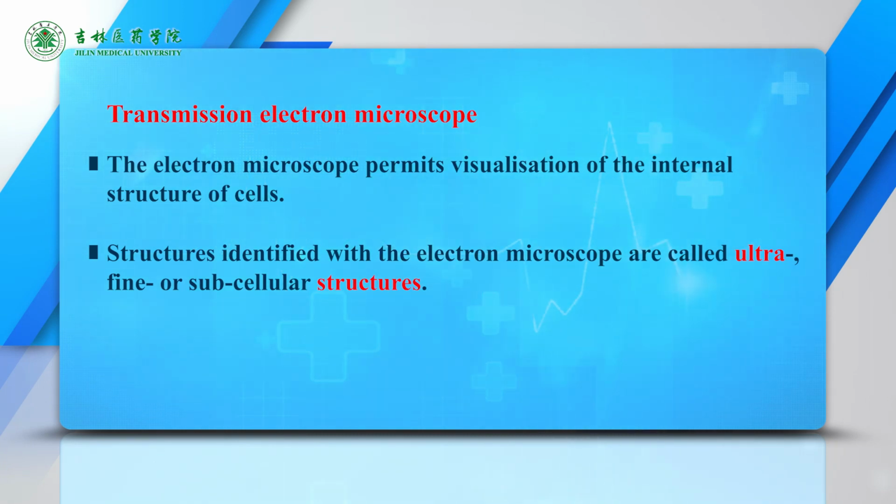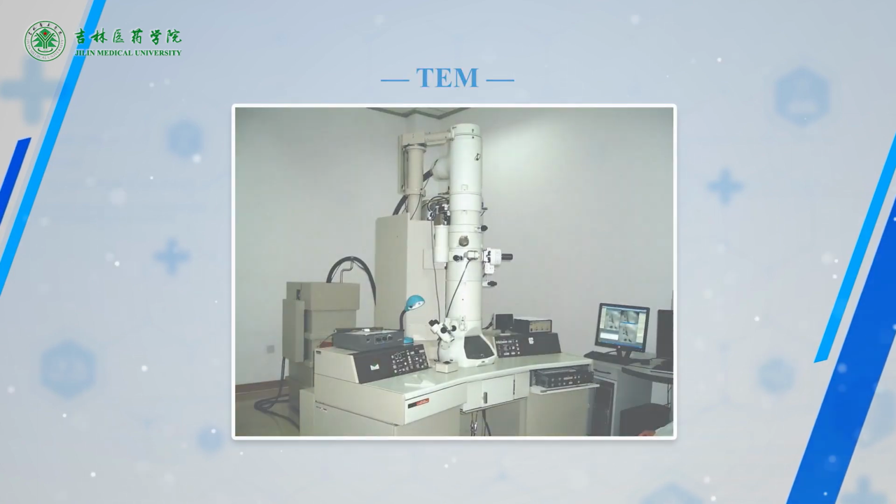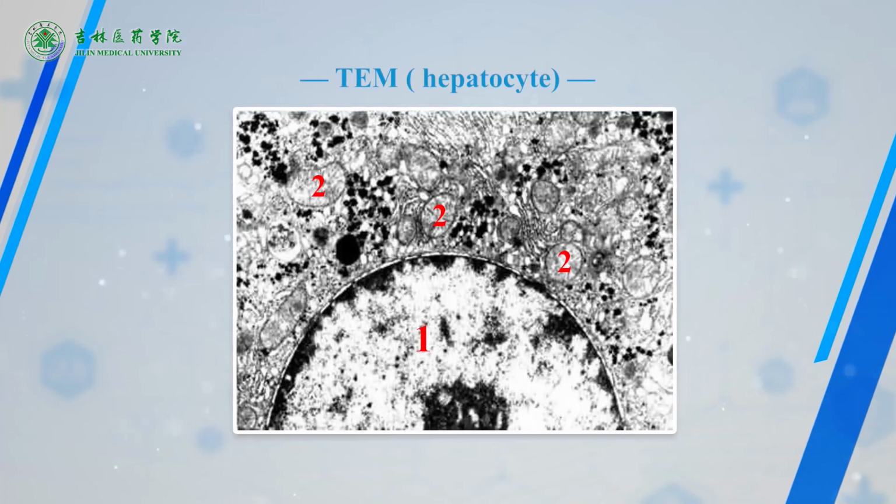Structures identified with the electron microscope are called ultrafine or subcellular structures. This is a transmission electron microscope image. This is the ultrastructure of the hepatocyte. We can observe the nucleus, mitochondria, and other organelles.